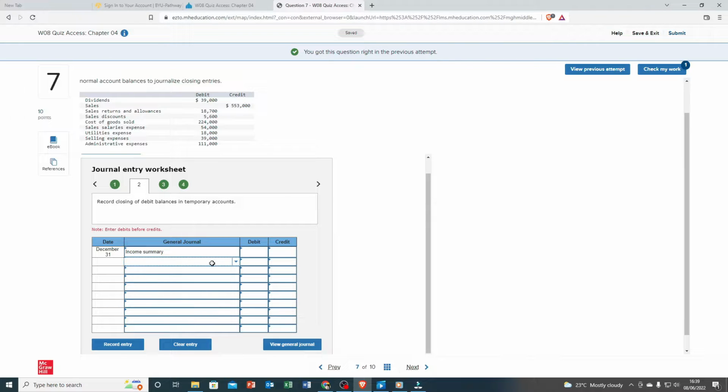So here, if we look at the data, we have sales returns and allowances. It's 18,700.